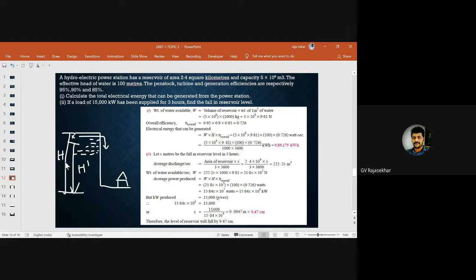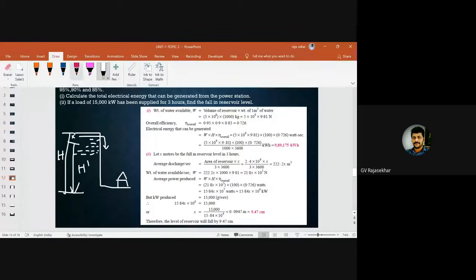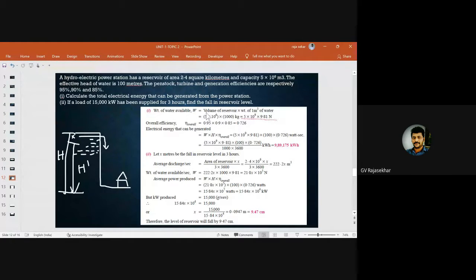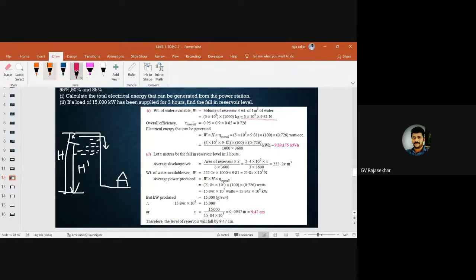Now, first, the water available W is equal to the volume of the reservoir into the weight of 1 meter cube of water. That is equal to 5 into 10 to the power of 6 into 1000 into 9.81. This we already know; in the previous problems we have calculated this one.